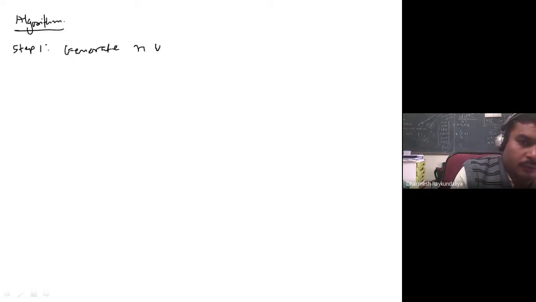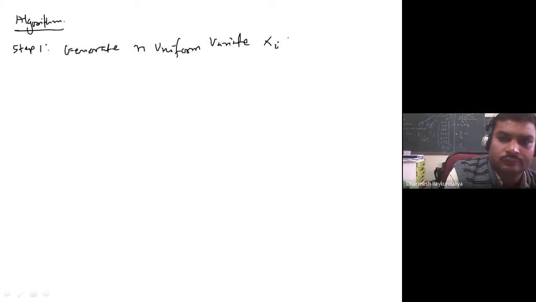Algorithm, step 1: generate n uniform variates xi from uniform a to b.